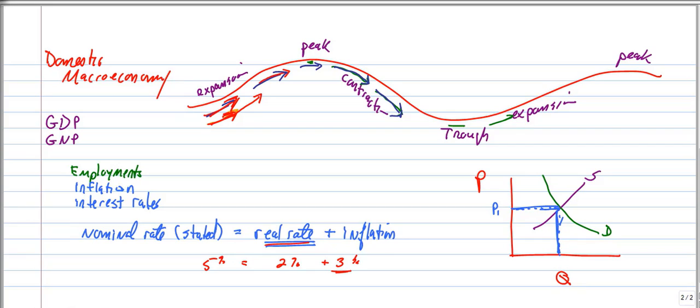Now, let's hold supply constant, which may not be correct, but let's hold supply constant. And now everyone has more money. We've all gone back to work. Businesses are producing. People are getting raises again. We're in a great expansionary period, right? People have more money to spend. It's going to increase demand.